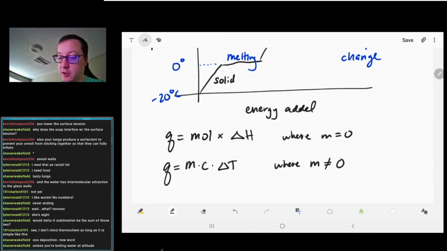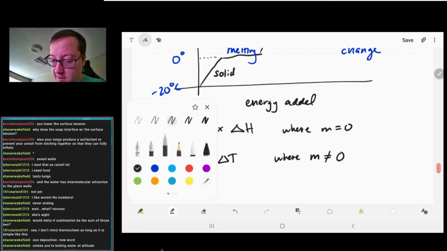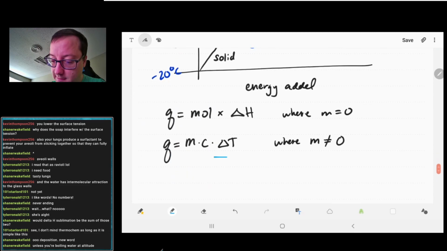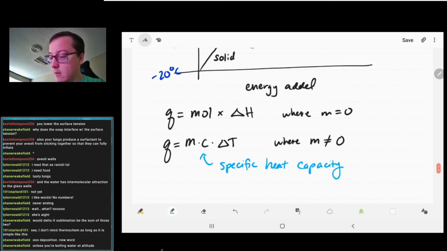So you're going to use, of course, your specific heat capacity. How exciting.